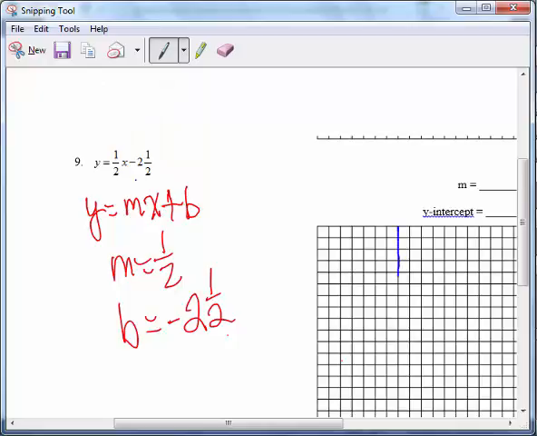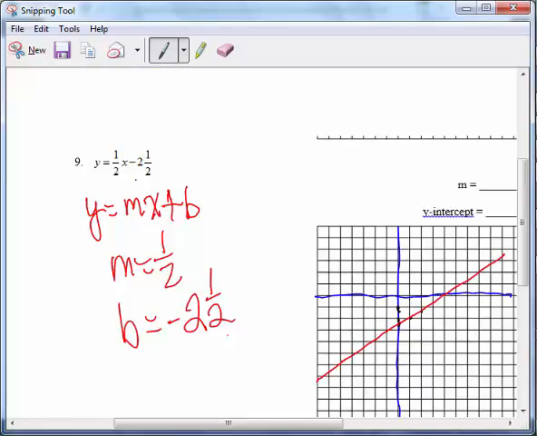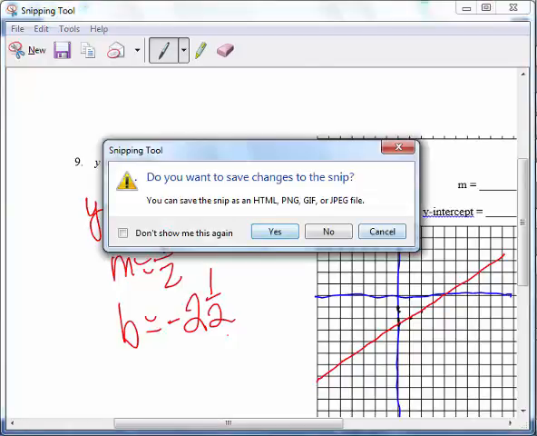So we're going to start out down 2 1/2. 1, 2, here's 2 1/2. And from there we're going to go up 1/2, forward 1, or up 1, forward 2. It doesn't matter which way you go. You're still going to get a line that looks like that. Next one.